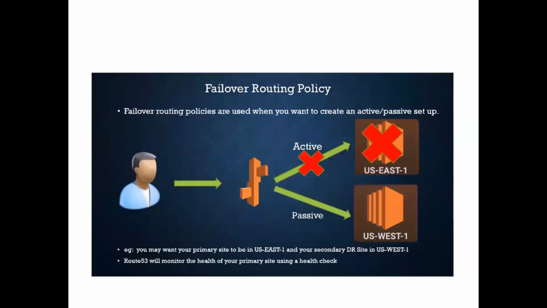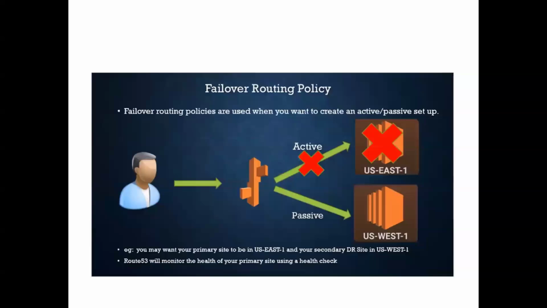What do you mean by active and passive here? Active means it is continuously handling traffic, and passive means it is not used regularly. If I make US East 1 active, the traffic will be routed only to US East 1. US East 1 will accept the requests and send the responses.